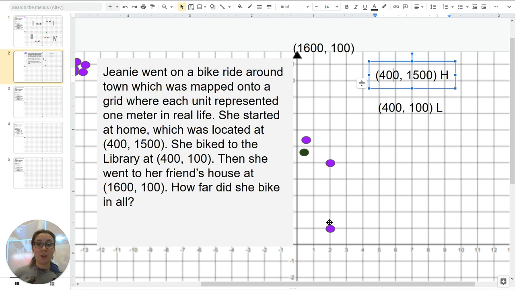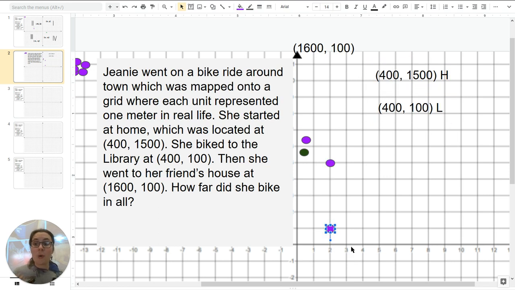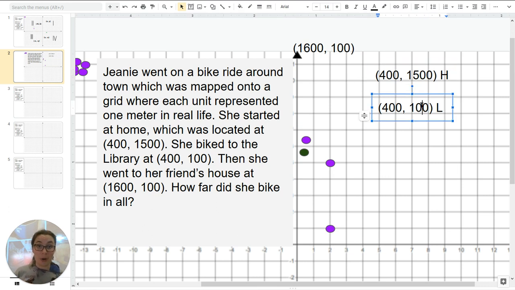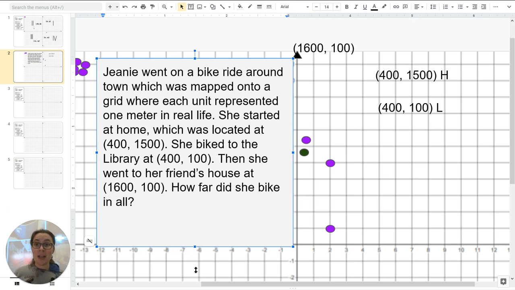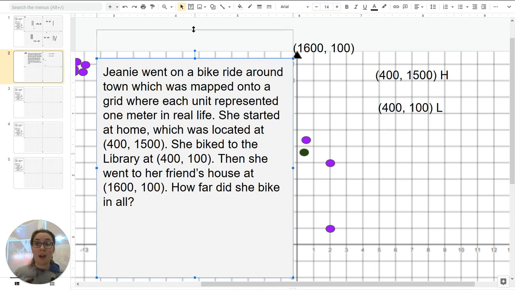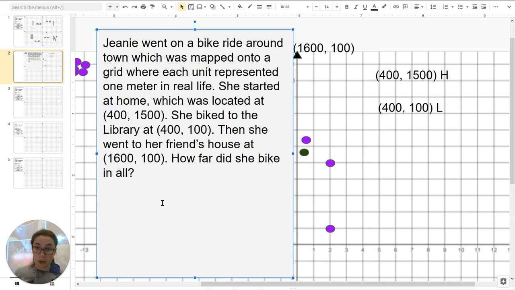And just like these 2 points are right on top of each other, we can find the distance between these 2 points by looking at the coordinate that's not the same, the y-coordinate. We can look at the y-coordinate to determine how far apart these 2 points are.